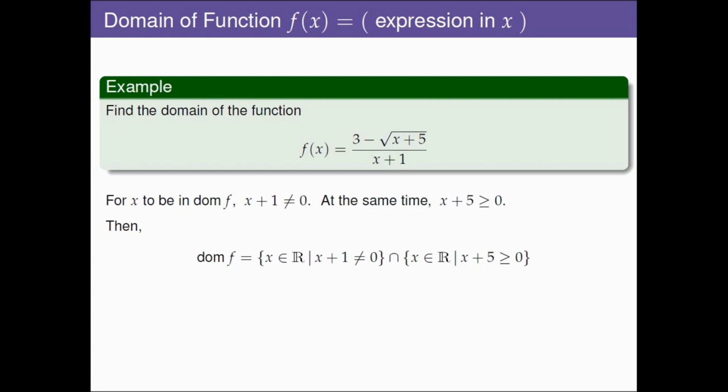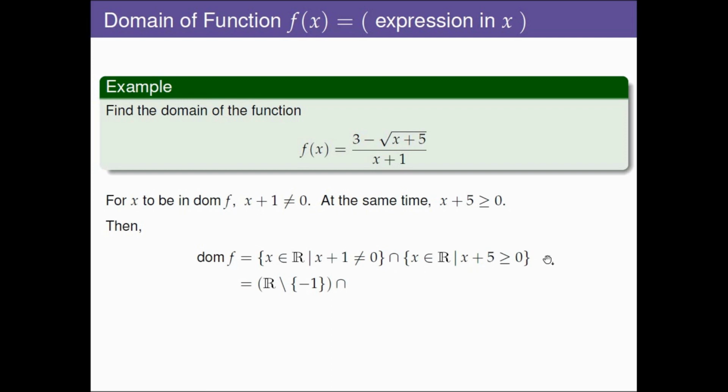If x plus 1 is not equal to 0, then x is not equal to negative 1. So the first set here is equal to R not including negative 1. We intersect with this set.